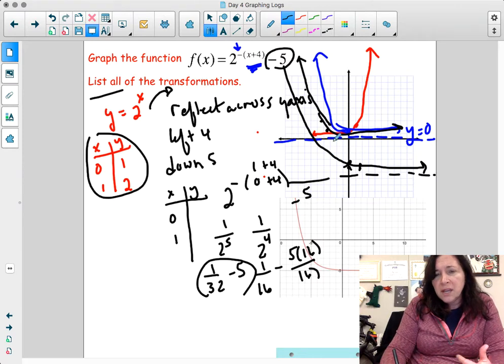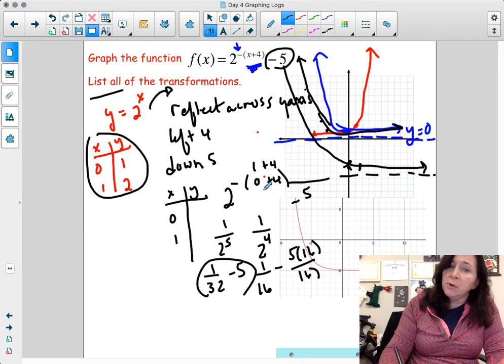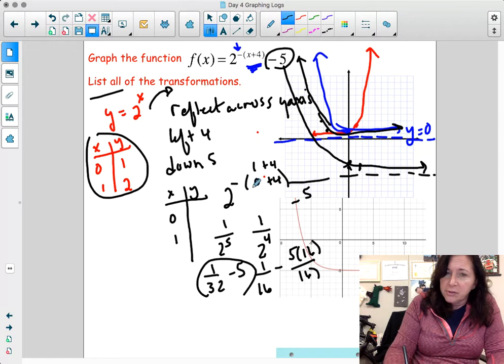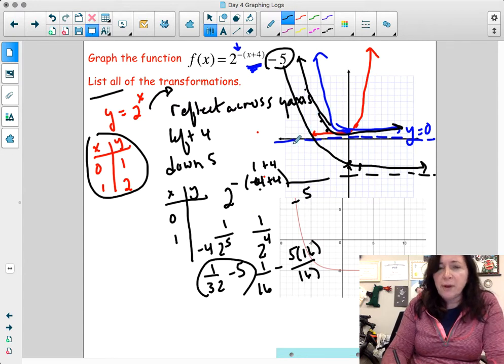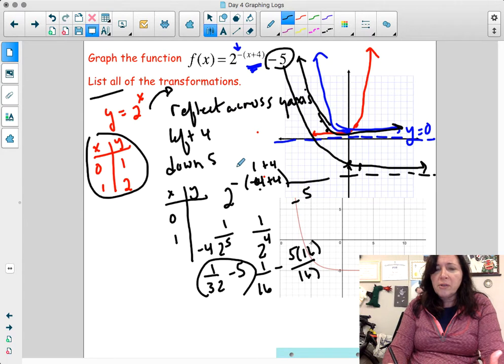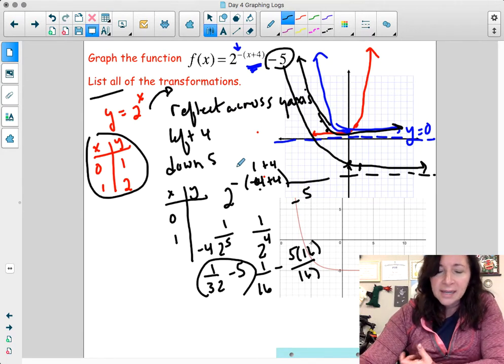You also can plug in a negative number up here because there are still negative values. So if I said, let's say -4, well, -4 plus 4 is 0. 2 to the 0 power is 1. 1 minus 5 is -4. So if I plugged in -4, you just plug those values in and you'd be able to get additional points if necessary.